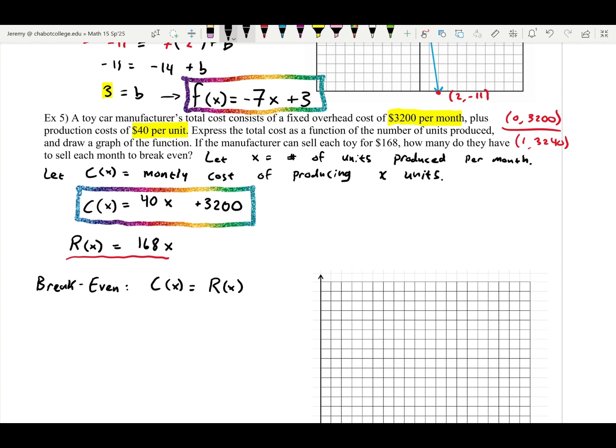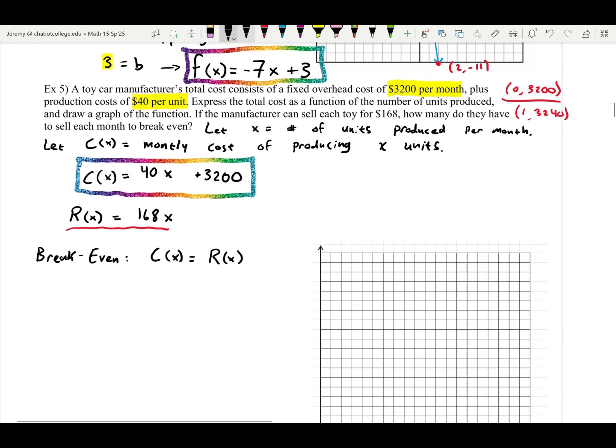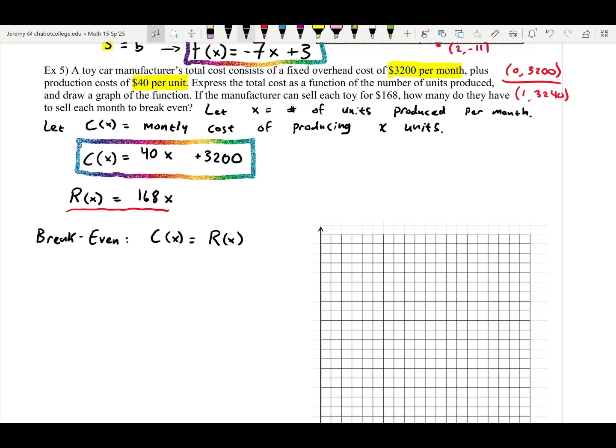It just means that dollars out is equal to dollars in. So if we want to find how many units we have to sell to break even, we just want to set these two functions equal to each other and solve. So we want to set C of x equal to R of x and solve for x.